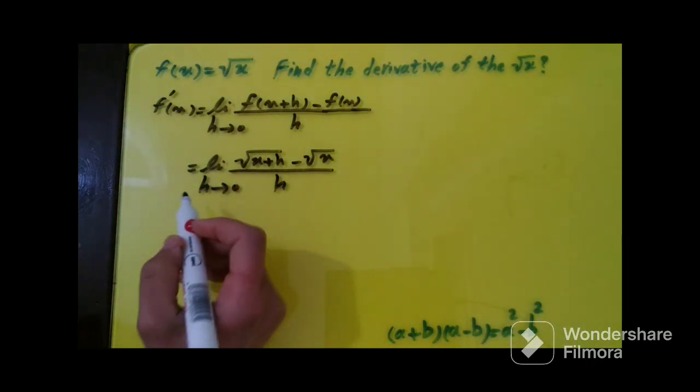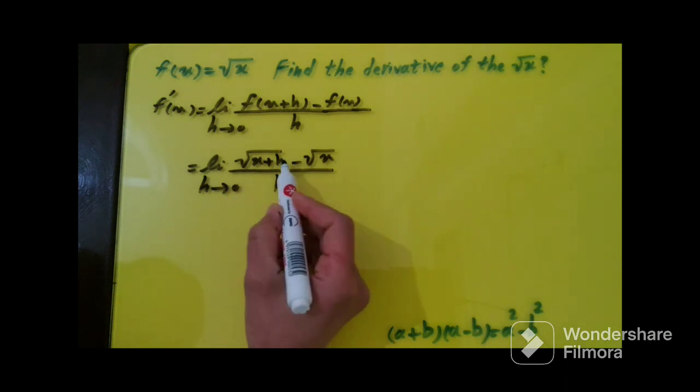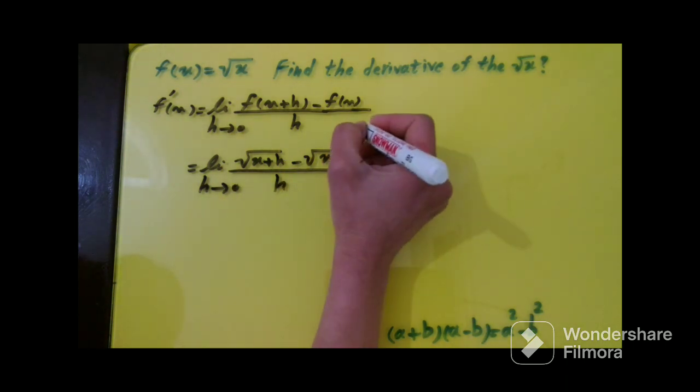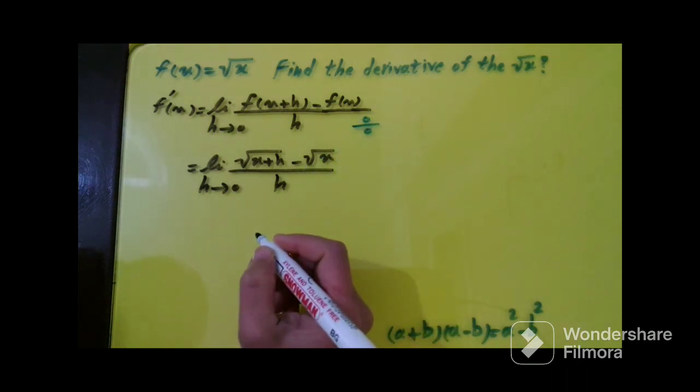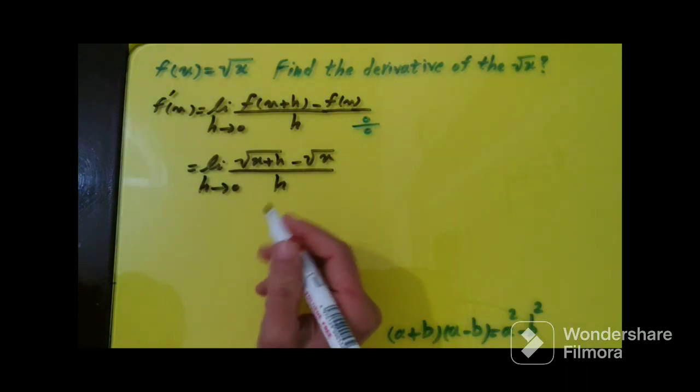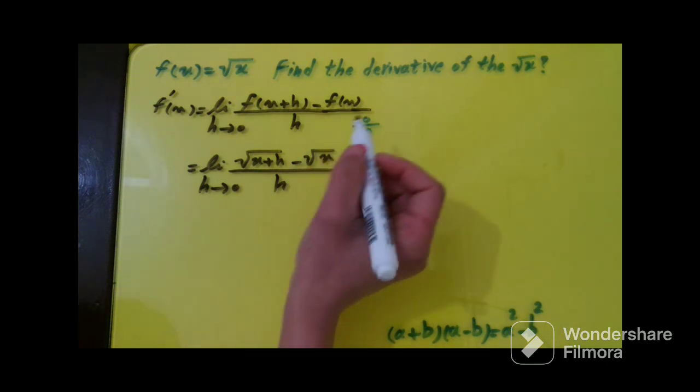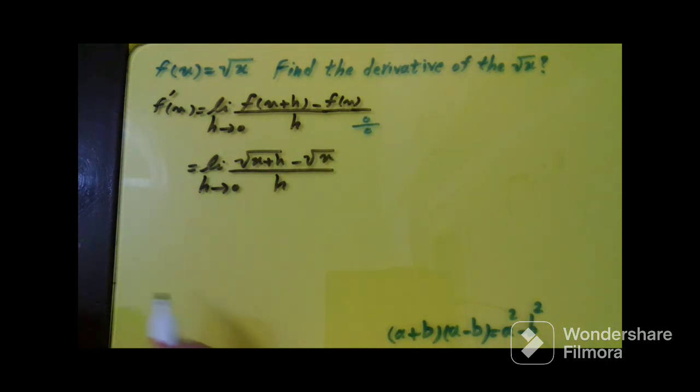As h approaches 0, if we put 0 instead of h, it's 0 over 0. There's a problem here. How can we resolve this problem as it's uncertain? There is a formula which says the product of the binomials a plus b and a minus b is equal to the difference of the squares of the terms a and b.